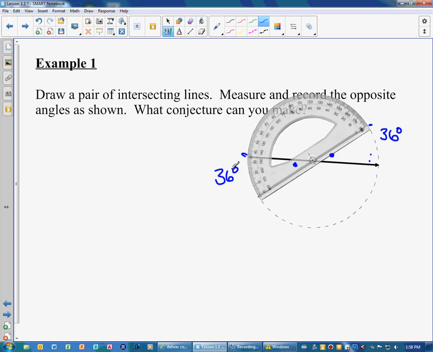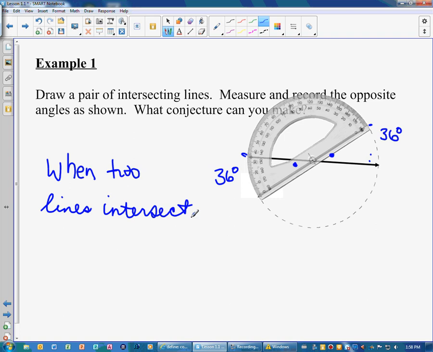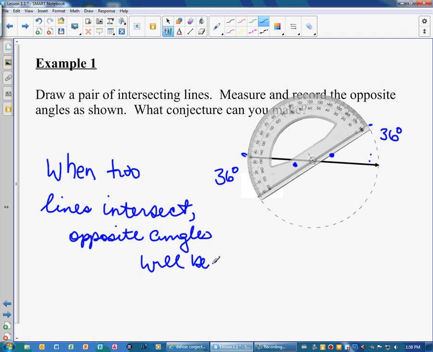And then it says, what conjecture can you make? So my conjecture could be: when two lines intersect, what did we conclude? Opposite angles will be equal. You're like, yeah, I already know that.